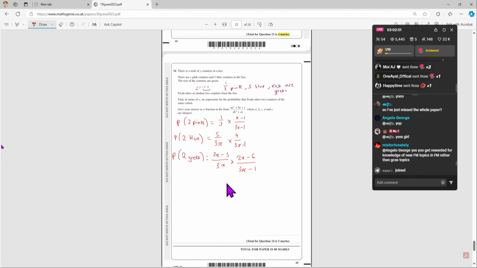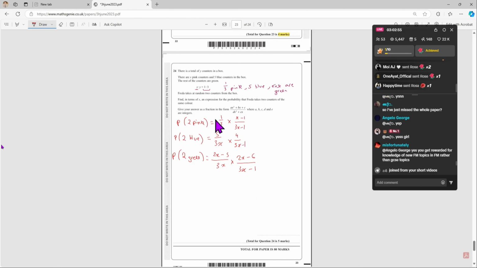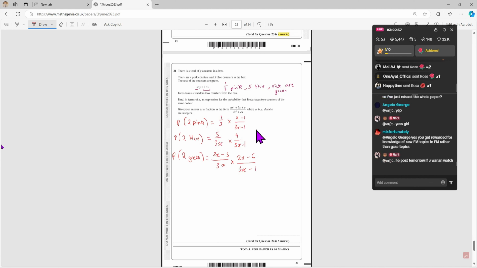Then to work out the probability, we have to add every single one of them.